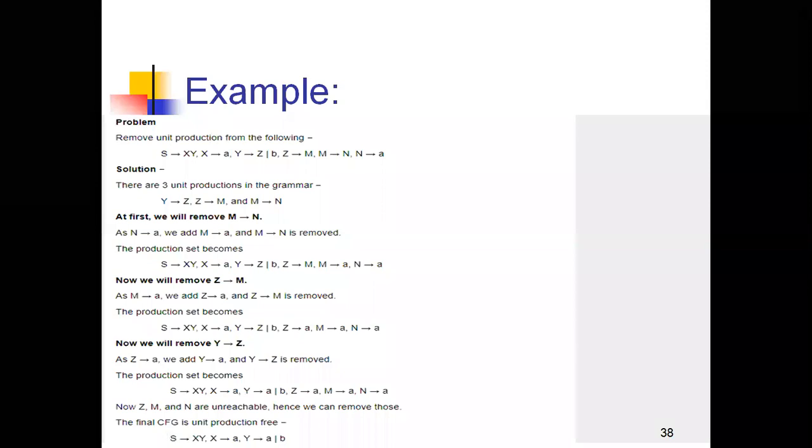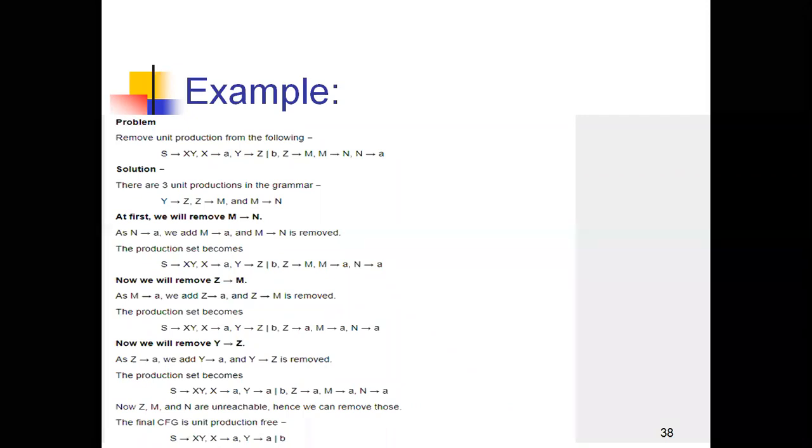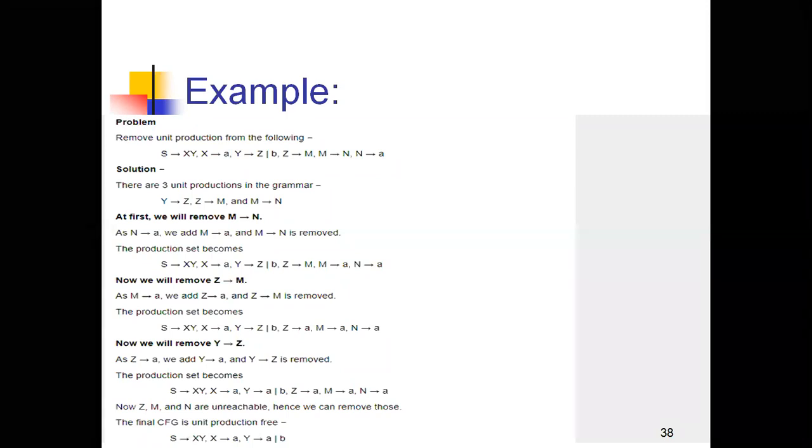In the last slide, I explained how to remove the epsilon productions. Wherever you are seeing an epsilon production, don't just remove it. There we have steps to be followed. Just follow those steps, and wherever necessary, substitute the variable that derives epsilon in that place, and then finally eliminate the epsilon productions.